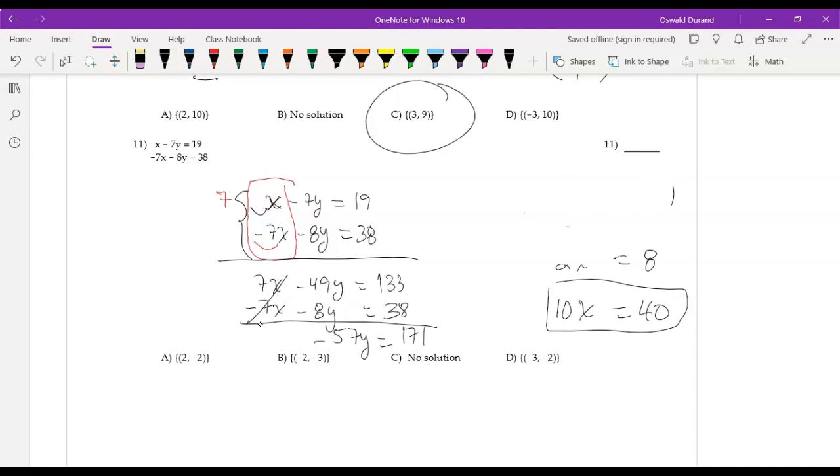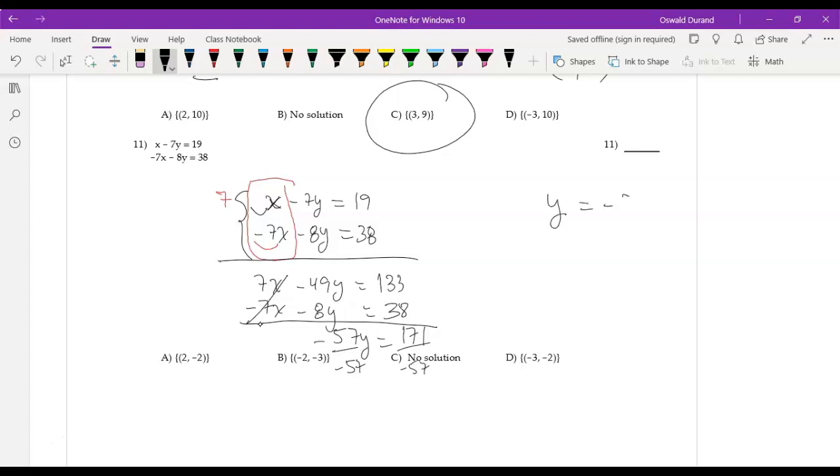All right, let me remove this here. And 171 divided by 57 is 3, so you divide this by negative 57, and that gives me y equal to negative 3. So once I have the value of one of the variables, it's easy. I'll solve for the other one by using any of the two equations.